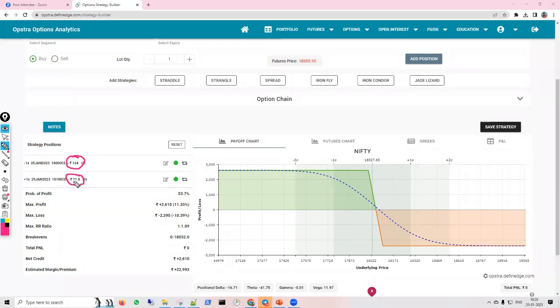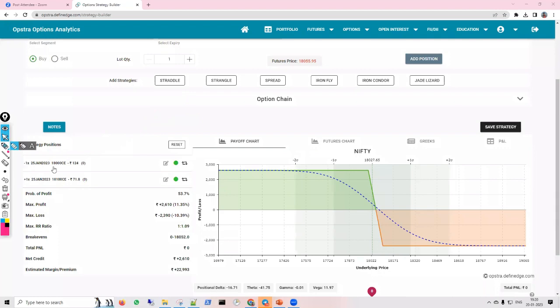Now the credit is 124 minus 71. That is the max profit. And the loss is nothing but 100, because we have chosen those strikes, right? The strike difference is 100. 100 minus credit is going to be the maximum loss. Fine.